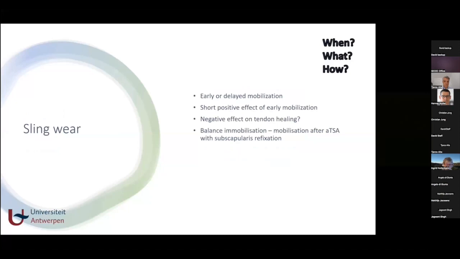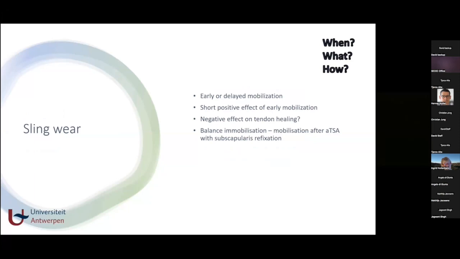In Belgium and the Netherlands, the sling wear depends on the orthopedic team. There are some studies that look into delayed or early mobilization. The reattachment of the subscapularis tendon plays a major role. Early mobilization would be beneficial for the mobility of the shoulder joint, while late mobilization would be beneficial for the healing of the subscapularis tendon.